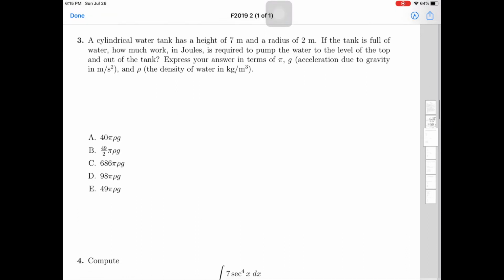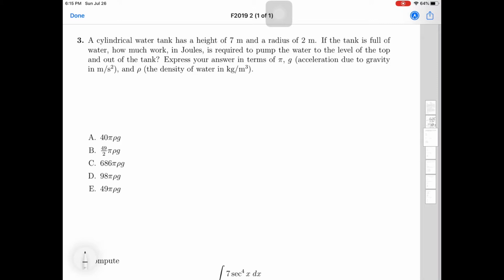So for question 3, we have a cylinder of water that we're trying to pump out from the top, and we can leave the answer in terms of all the constants, pi, g, and rho.